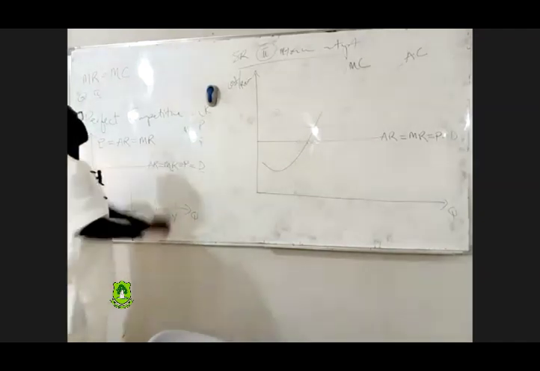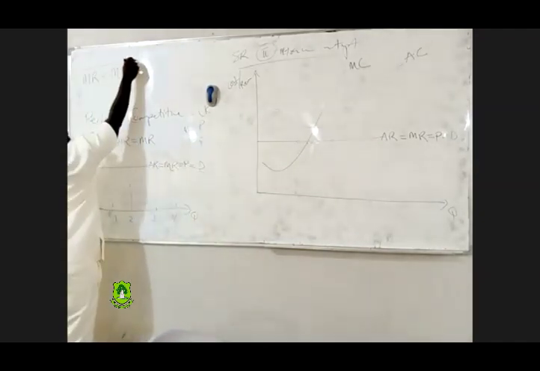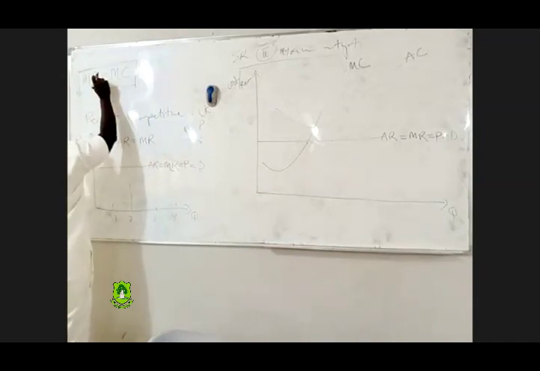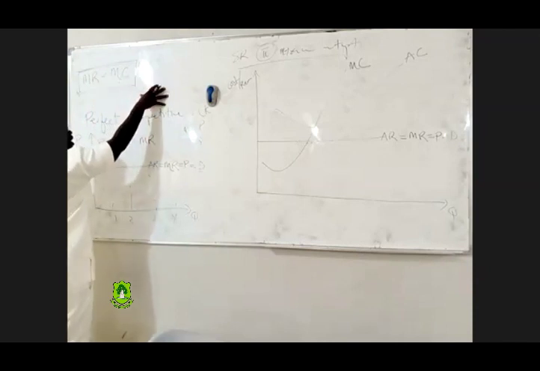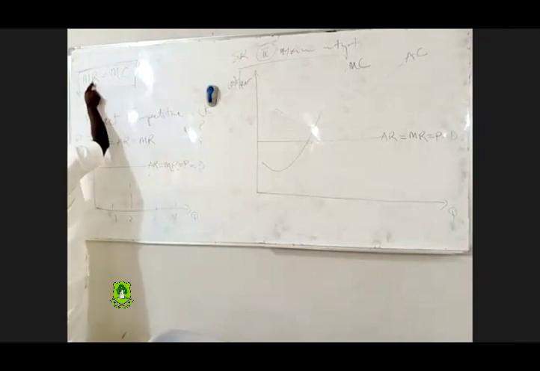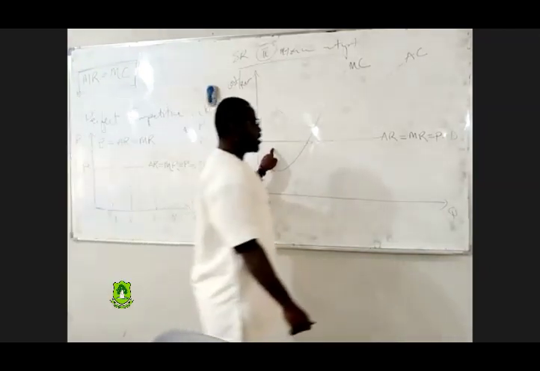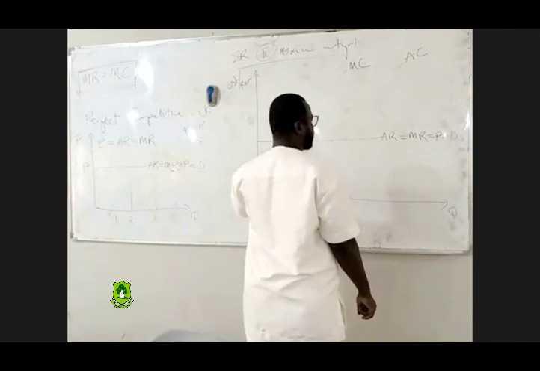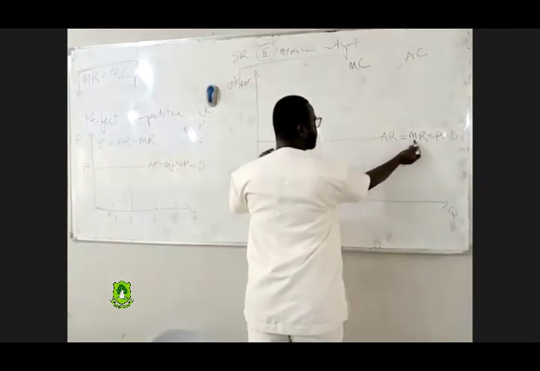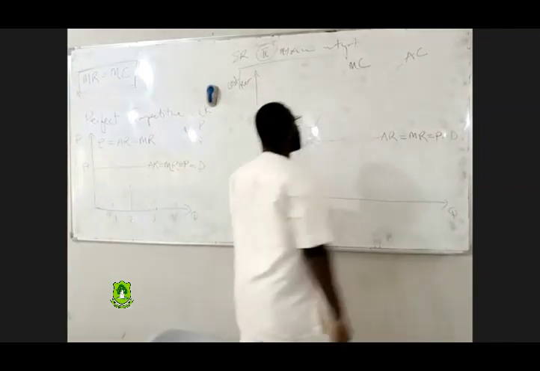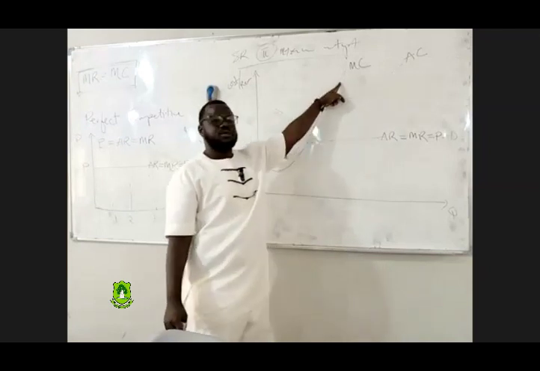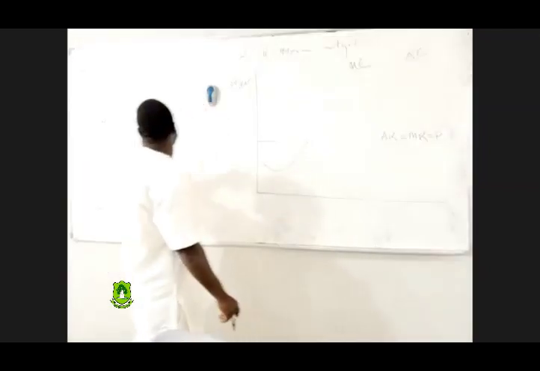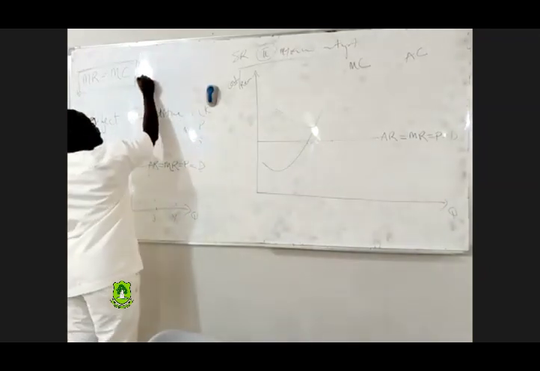Now, let's look at it. Please note, this is very important. This is the profit maximizing output condition. It should be at the output where the marginal revenue is equal to marginal cost. Here, which one is our marginal revenue? This is the marginal revenue. And where is the marginal cost? At which point are they equal?